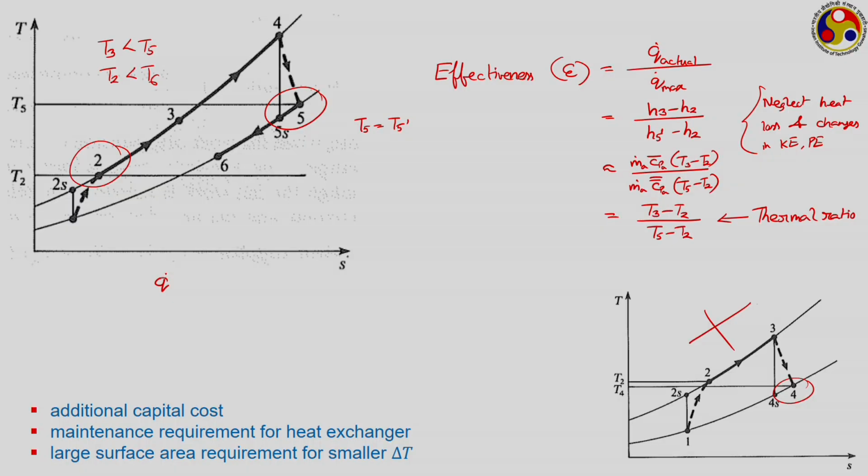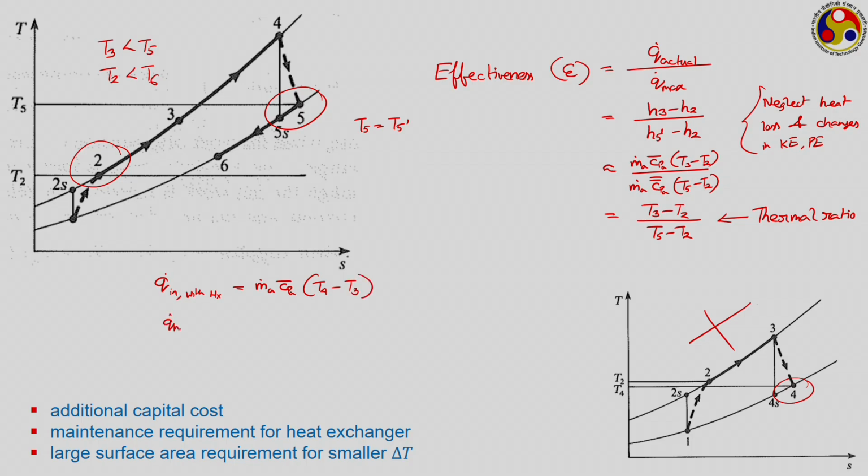Now, the total amount of heat input requirement Q dot in with the heat exchanger, how much will that be? The total heat input requirement in the combustion chamber will be equal to m dot air into Cp air, or average Cp of air, into T4 minus T3.